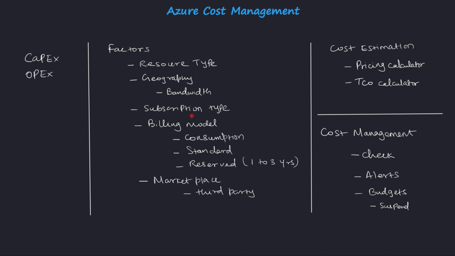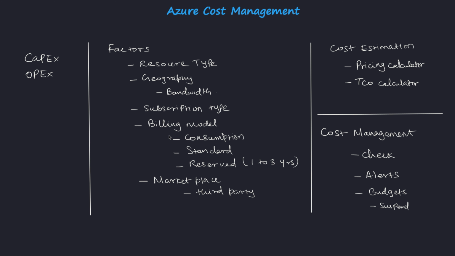Okay. Then the next factor is subscription type. So if you are using a pay-as-you-go subscription, for example, then the cost that you pay will be different from someone who has a different subscription at a corporate level. Okay, because of the commitment and engagement between Microsoft and that business, the cost of the subscription will be different.